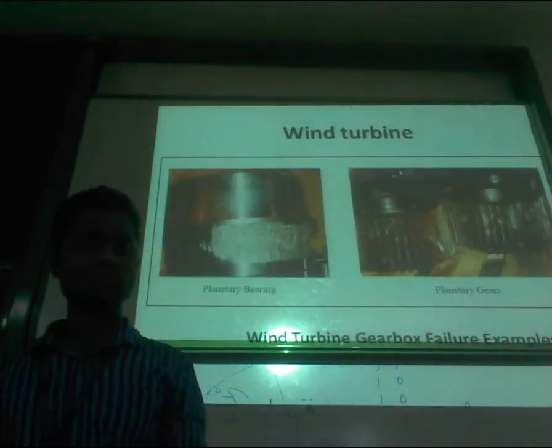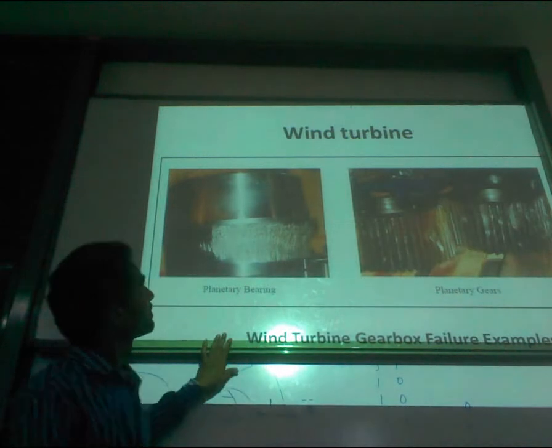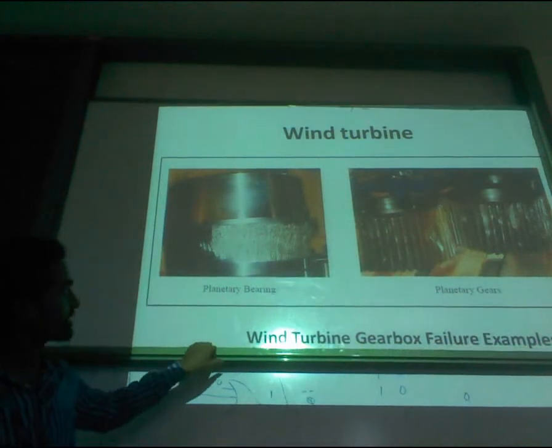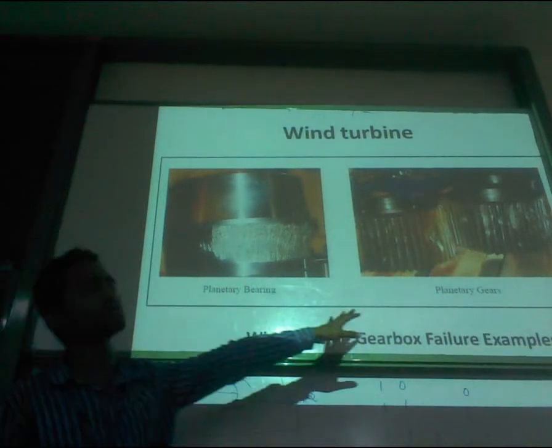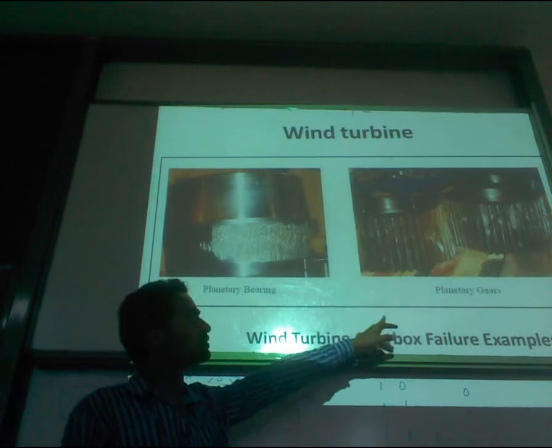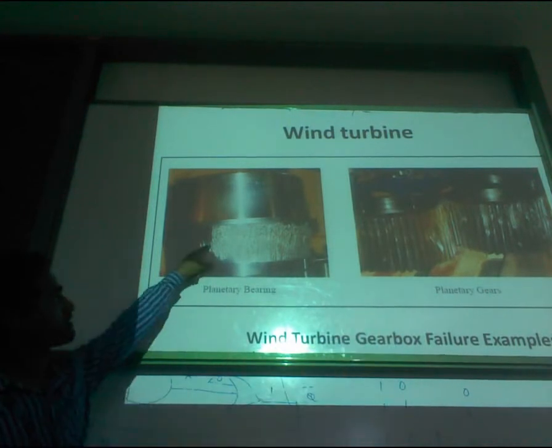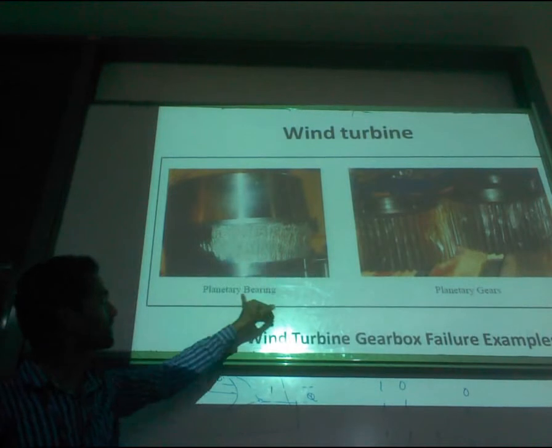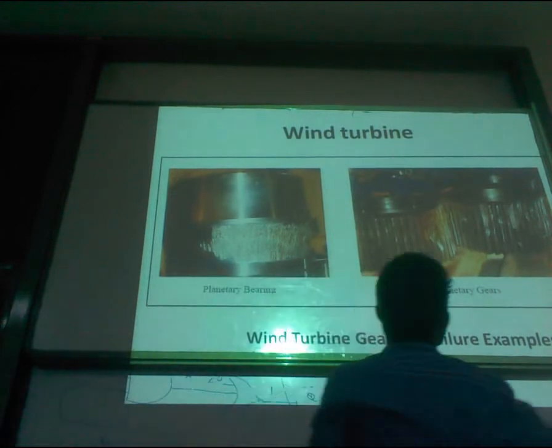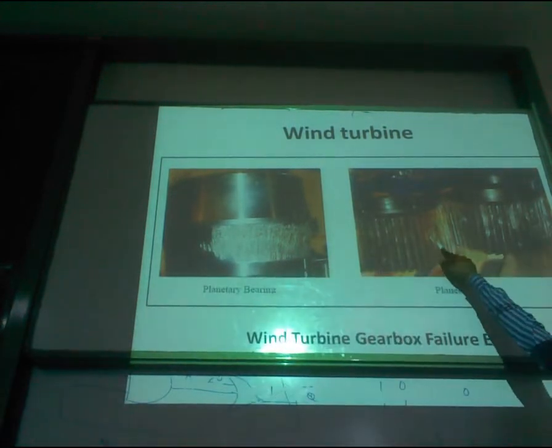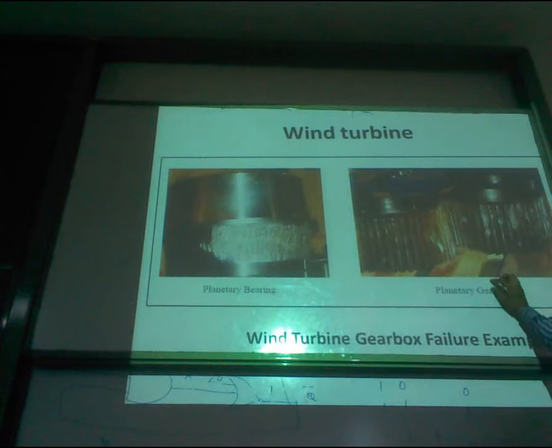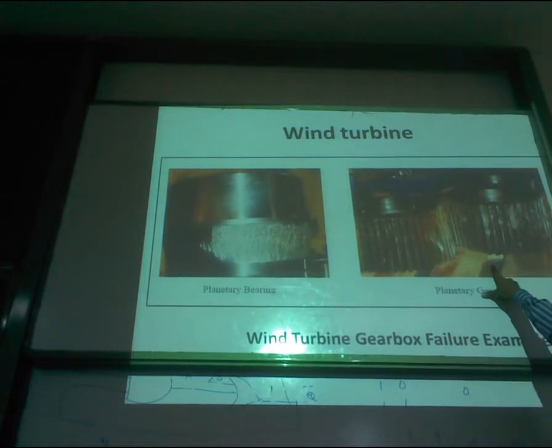Next, this is the wind turbine planetary bearing. These are the bearing and gears of the wind turbine. There is wear and tear in the planetary bearing and gear, and the tip of the gear inside the wind turbine also gets wear and tear.